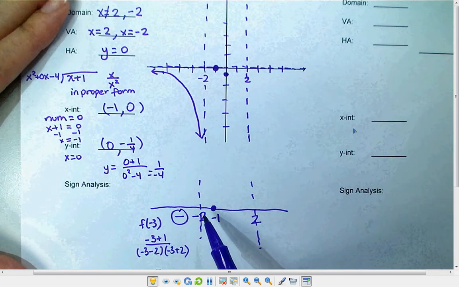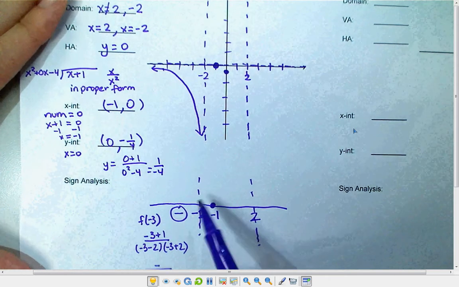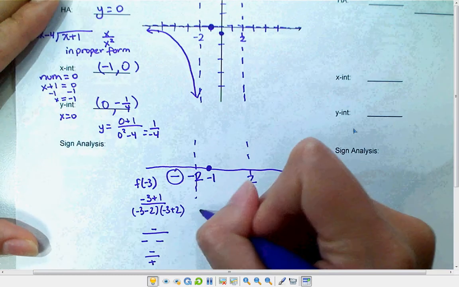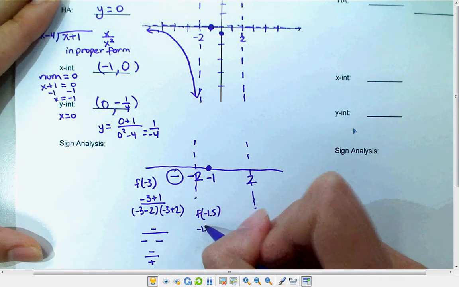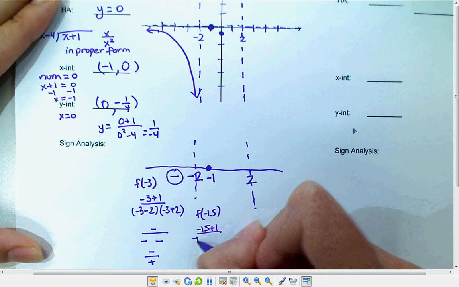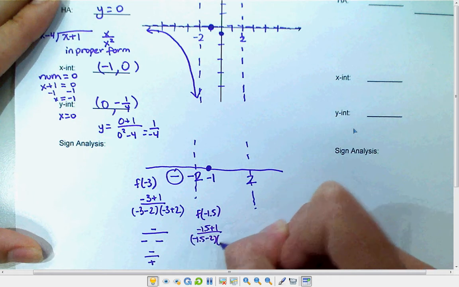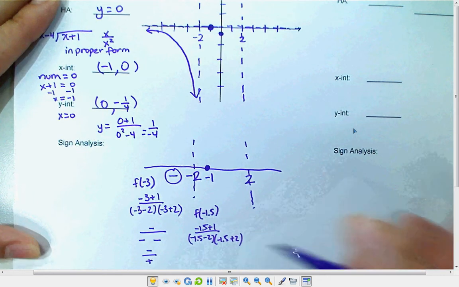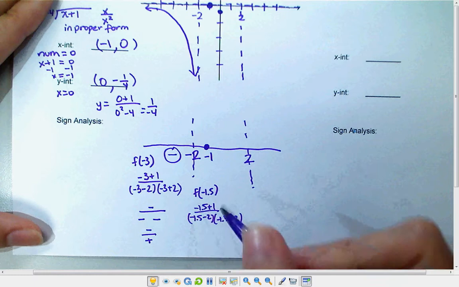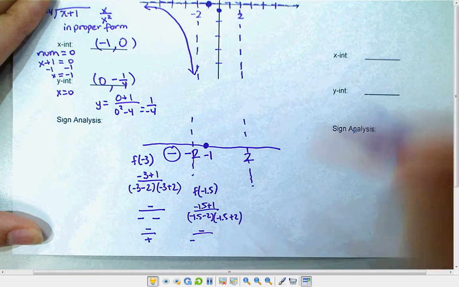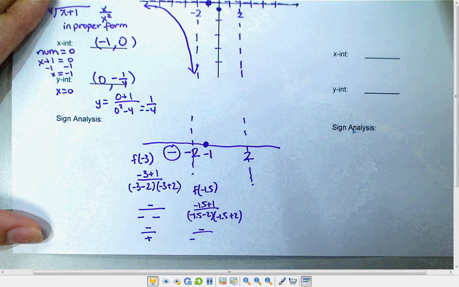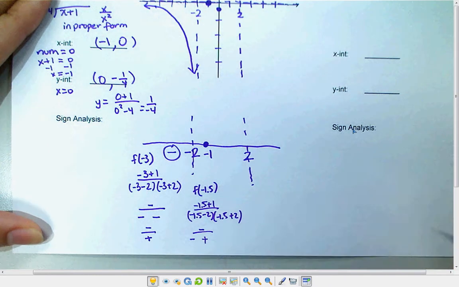Now I want to know what's happening between -2 and -1. So what's the number between -2 and -1? Let's use -1.5. So again, we're just going to plug in -1.5 plus 1, -1.5 minus 2, and -1.5 plus 2. And this numerator is going to be negative. This is going to be negative. -1.5 plus 2 is going to be positive.